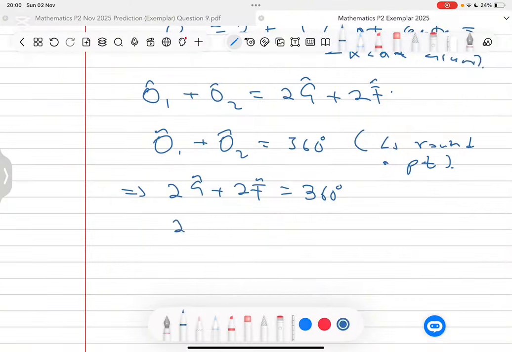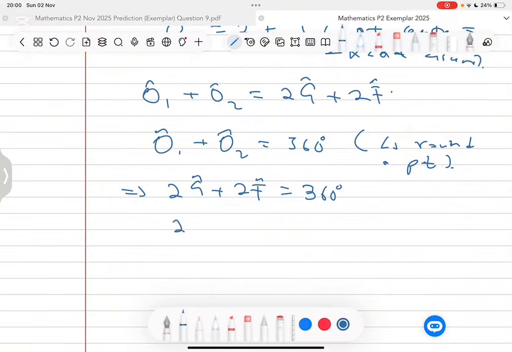Now this side we still have 360 degrees. Now when we divide both sides by 2, we then have 180 that side. So here we are going to have angle G plus angle F equal to 180 degrees.